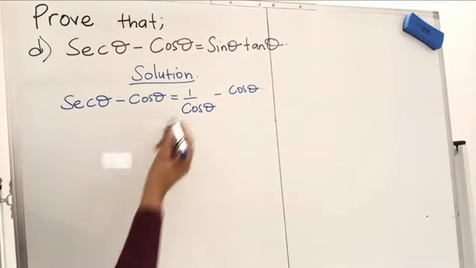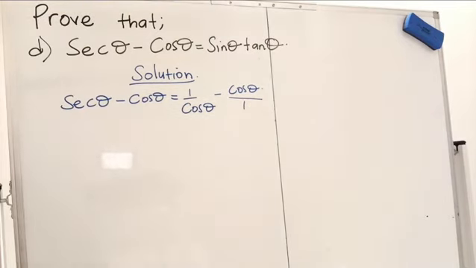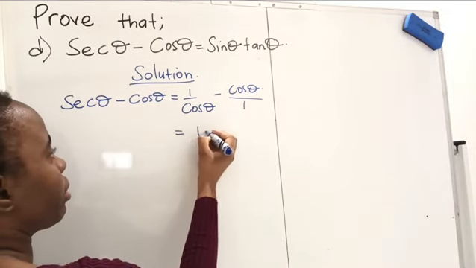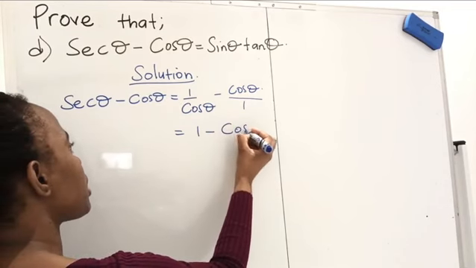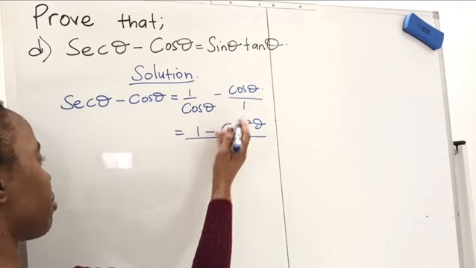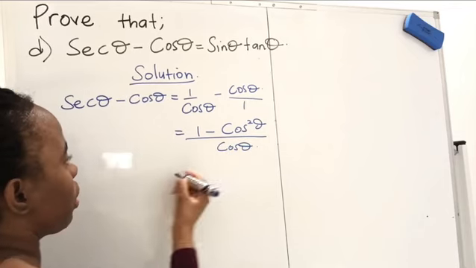Now, we have this fraction, and I'm going to make this one out of 1. Now, let us subtract those fractions: 1 times 1, you get 1, minus cos theta times cos theta, you get cos squared theta, everything divided by cos theta times 1, you get cos theta.